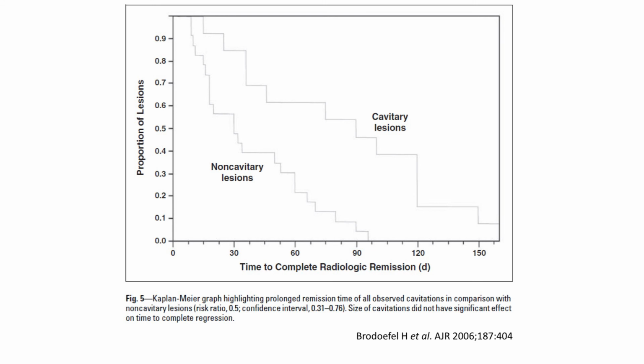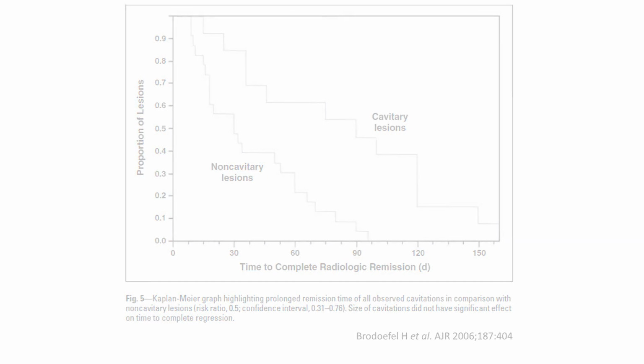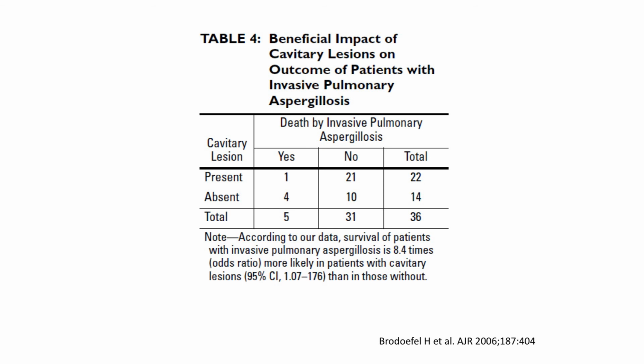Like I said, it is a sign that the white cells have improved. And this is, I think, the German paper that I quoted earlier. They also showed that the survival was better when the cavity was seen. This is a graphical representation, one is a table and one is a chart form of the same data.